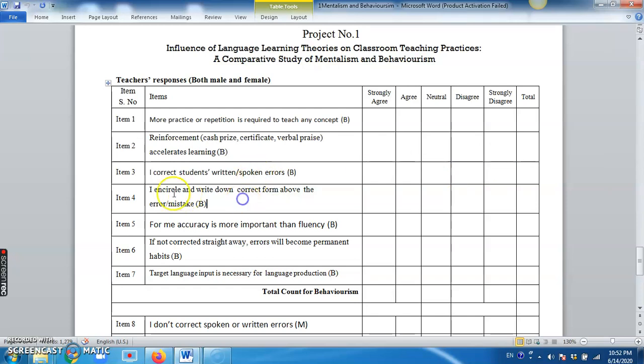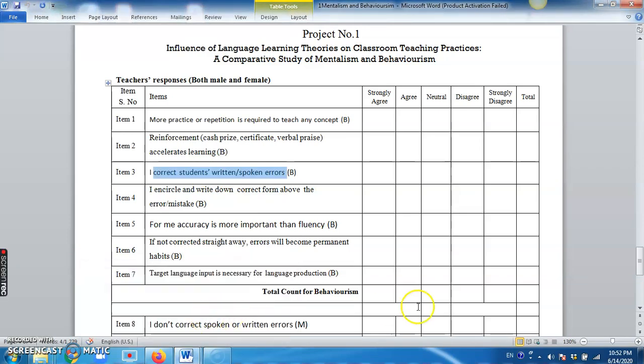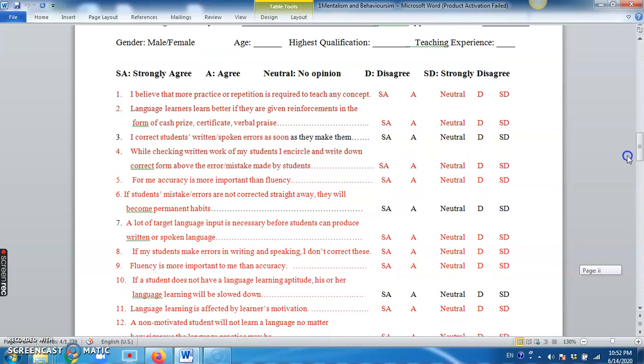So if this shows attitude towards spoken errors, you have to give a table in chapter 4 about this objective. Your chapter 4 is basically the results gathered from this questionnaire.